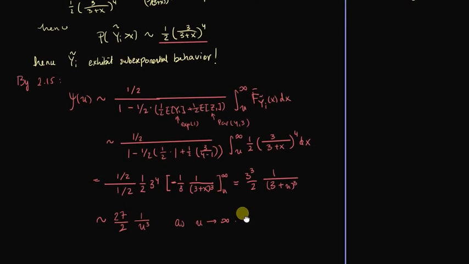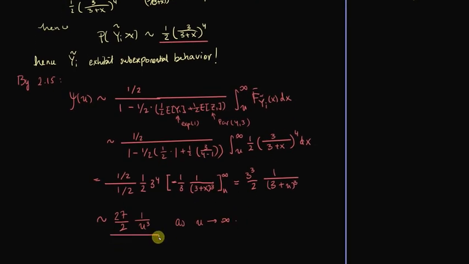So we have now found an expression which gives us the ruin probability for large values of u. And we can see that in this case, our ruin probability has polynomial decay, has cubic decay, actually.